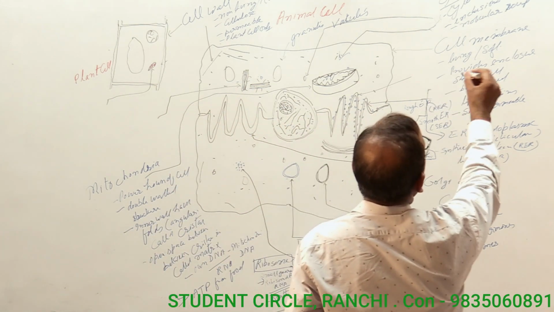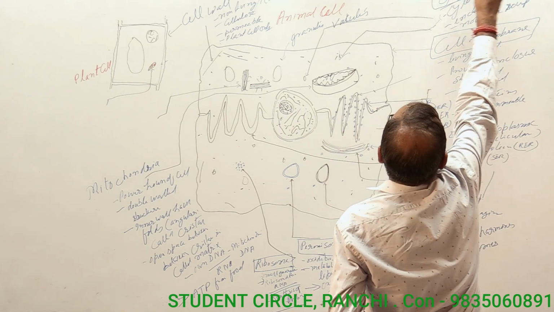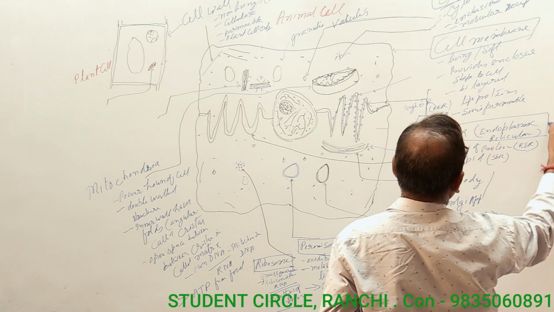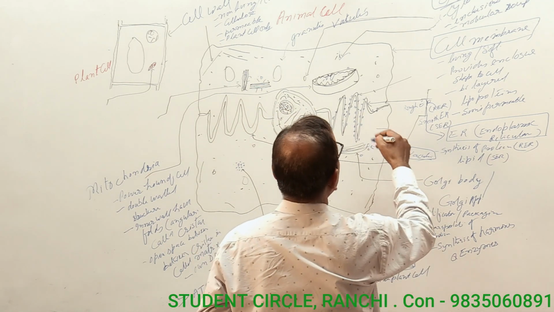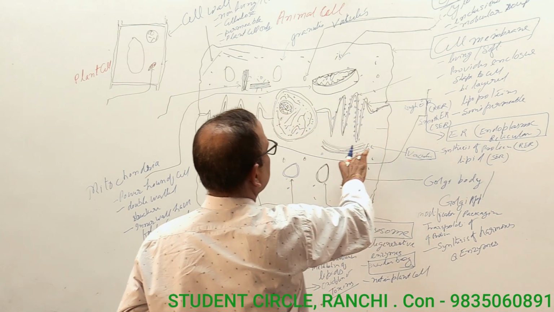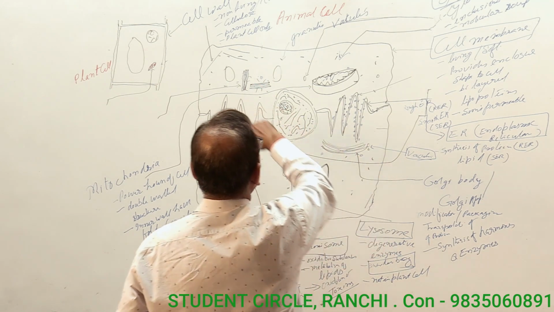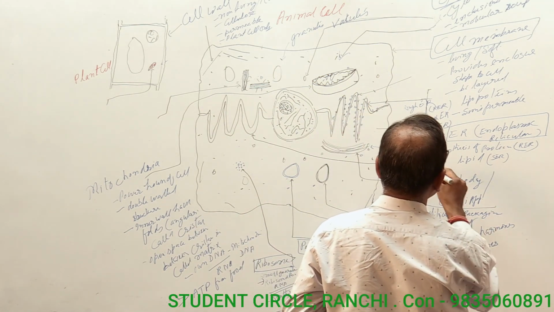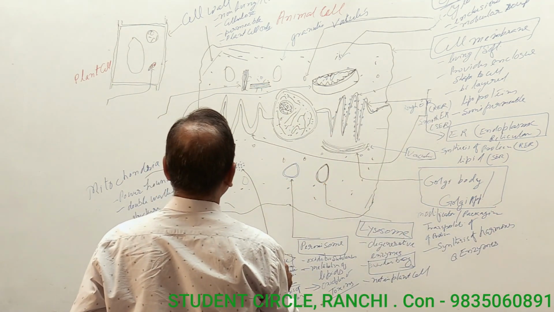We have cell membrane, we have cytoplasm, meaning cytosol and inclusions. So endoplasmic reticulum, ER, rough endoplasmic reticulum, smooth endoplasmic reticulum, vacuoles. There are so many vacuoles spread over. It carries substances basically released from this Golgi apparatus and carries them to different parts of the cell. Then Golgi apparatus or Golgi body, then lysosome, peroxisome, ribosome.